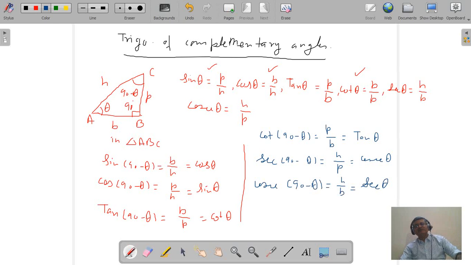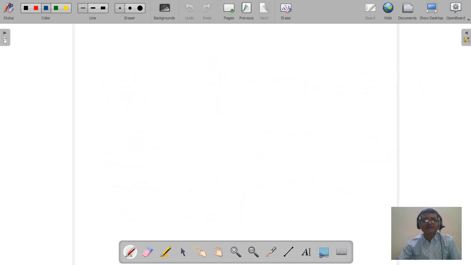So you can see how these formulas are defined for complementary angles, and you have to understand them properly so that you can solve these types of questions. Now we are moving to the next page, and we'll apply these formulas to find the solutions.